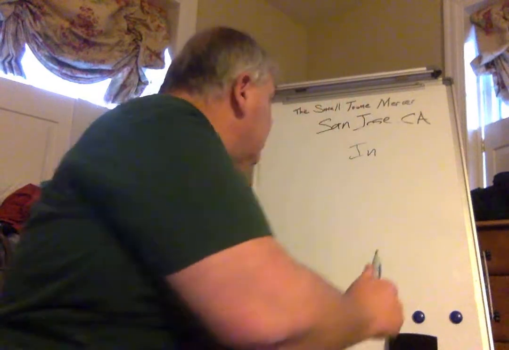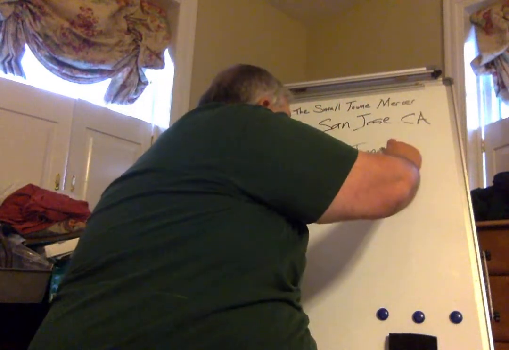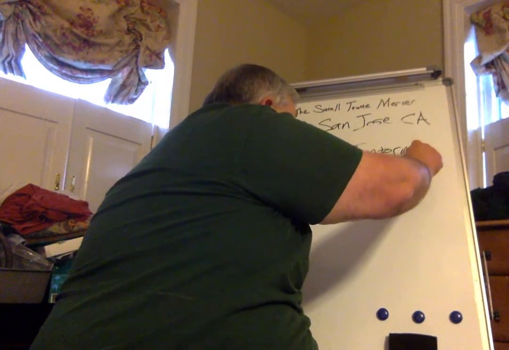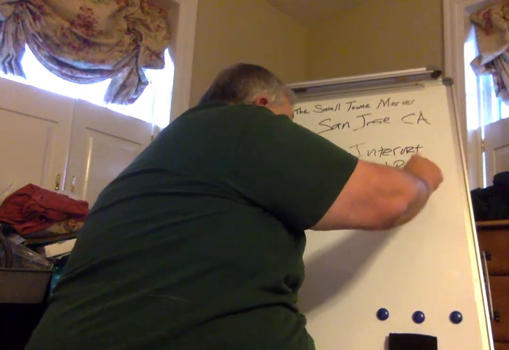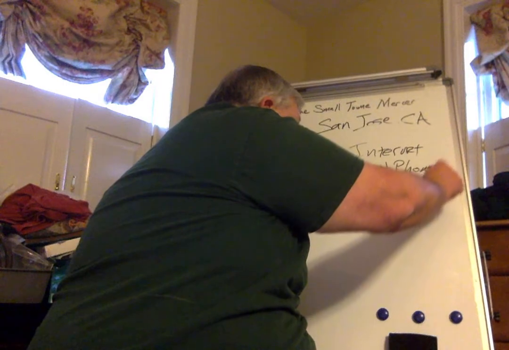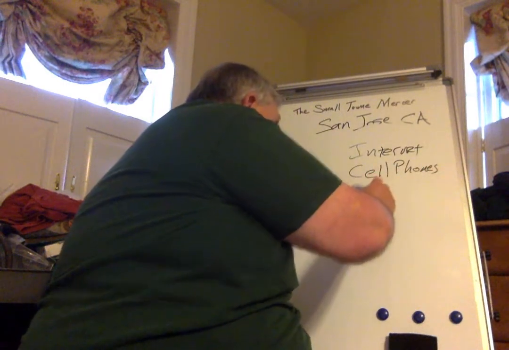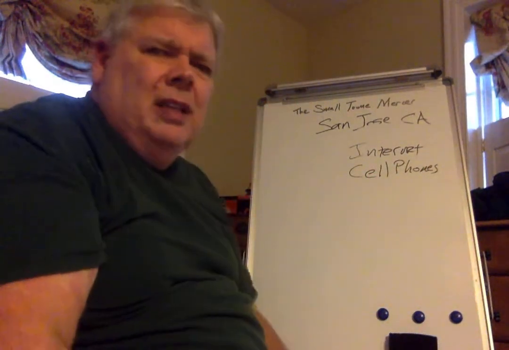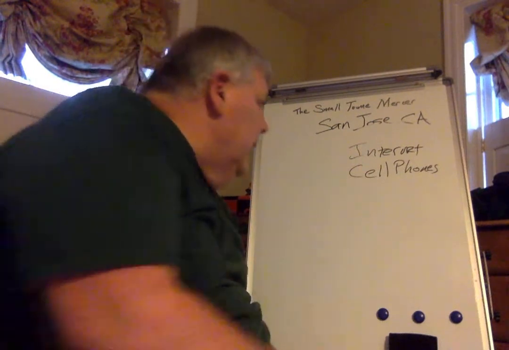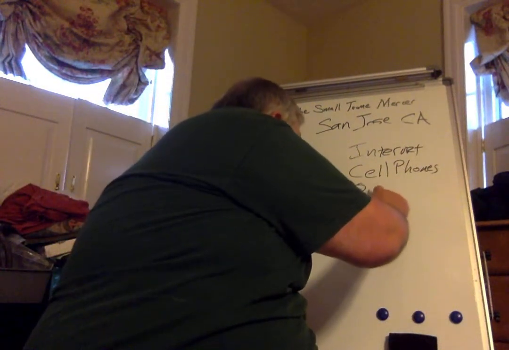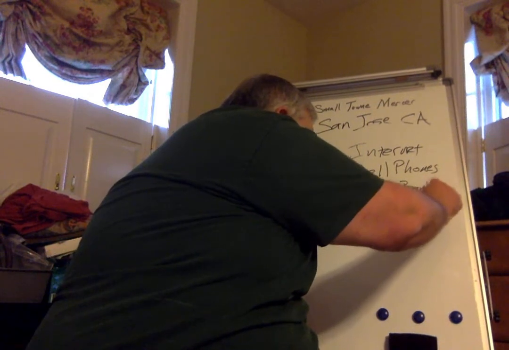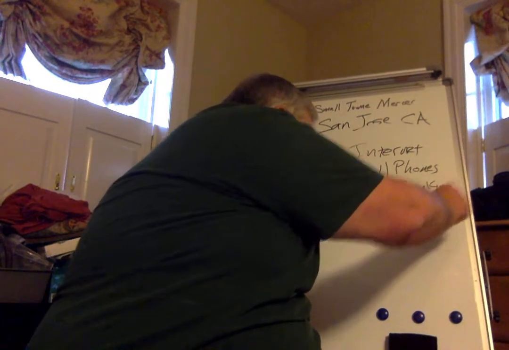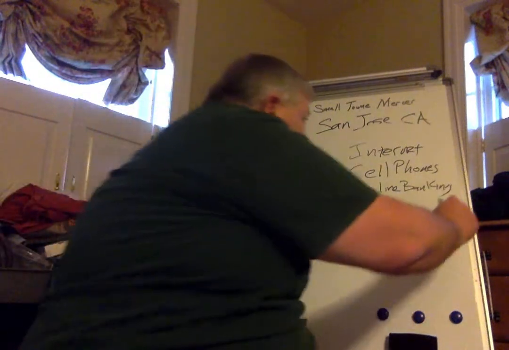You're starting to see the internet emerge, right? I said cell phones are starting to take off. I said this in a previous video. I hesitate to say online banking. I think that started a little later, but I'm going to put online banking because I believe that's starting to take off a little bit later than that.